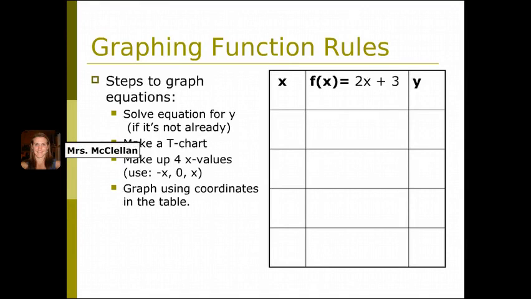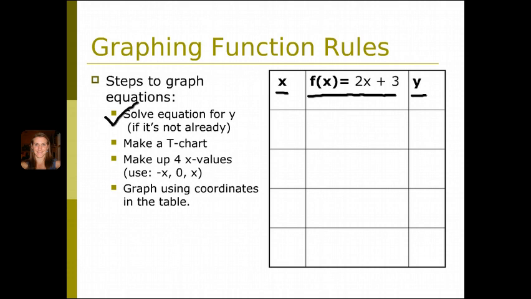On the right side of the slide you'll see our t-chart. In the t-chart you want to have your x value. In the middle column you write your equation, and in the last column you're going to find your y value after you've plugged x into the equation. So our steps for graphing these equations are going to be solve the equation for y if it's not already solved for y.